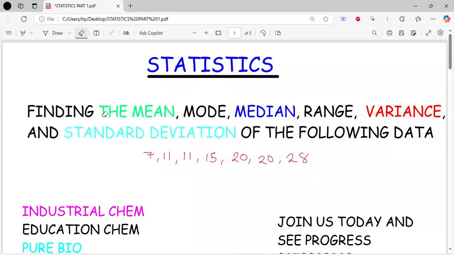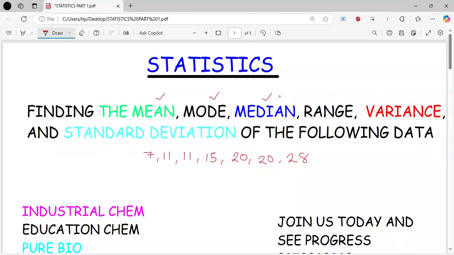Let me start defining things. What do we mean by mean? The mean is adding up the values, then dividing by the number of those values. The mode is the value that appears the most, the values that repeat themselves. The median is the value on the middle.